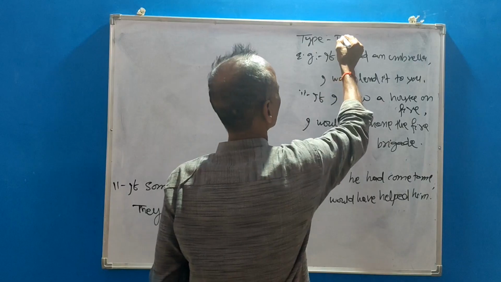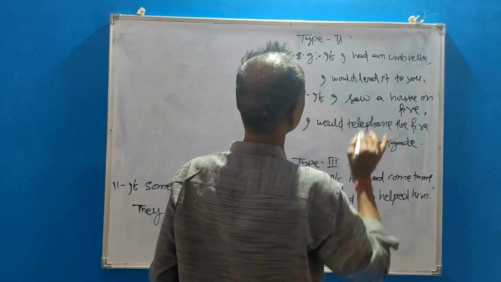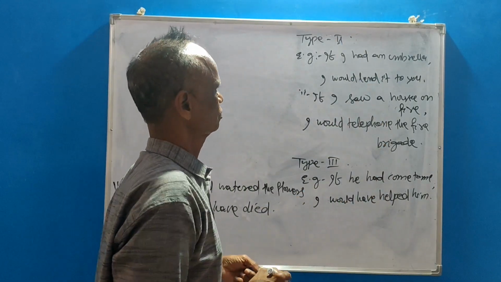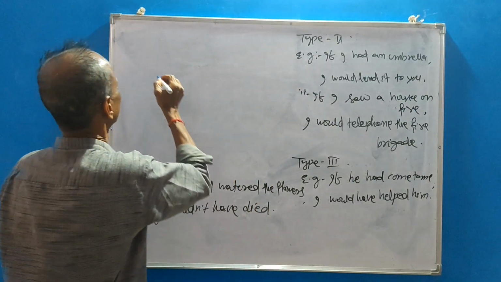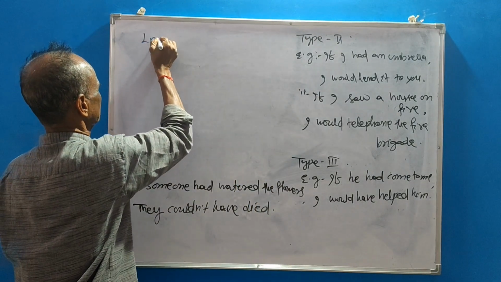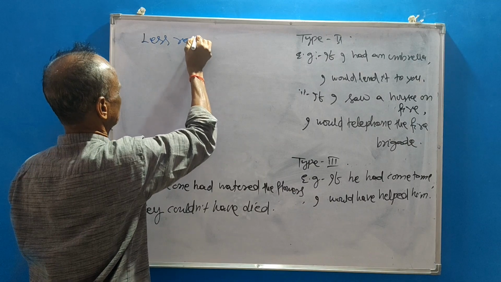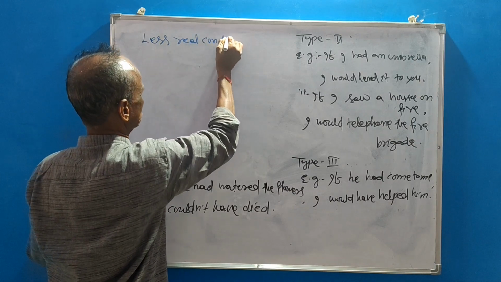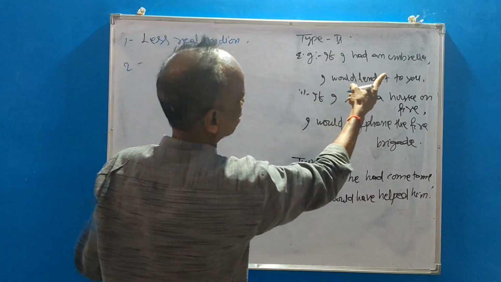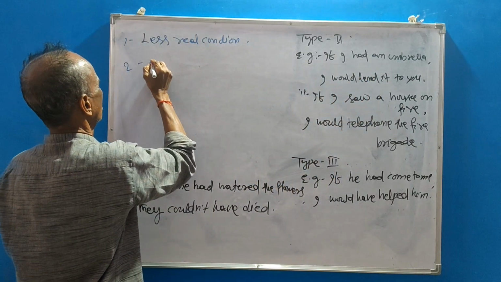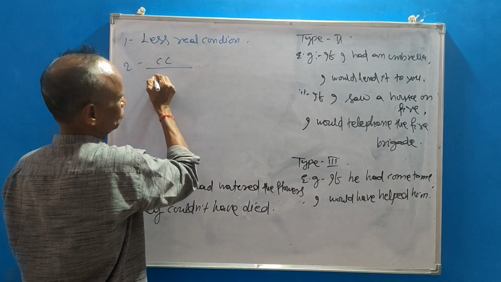Type 2 conditional clause. Type 2 conditional clause refers to a less real condition. Conditional clause: past simple.